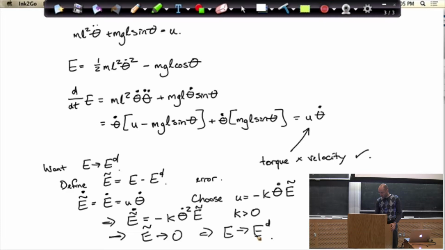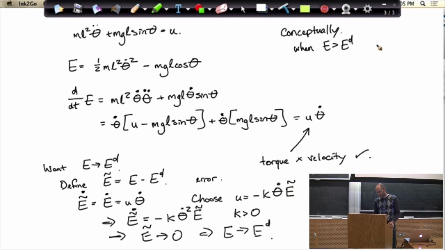Okay, so conceptually we can see that even more, right? So if I think about this controller here, you could say when E tilde is positive, which is when my energy is greater than my desired energy, then you're going to have a positive number times this.